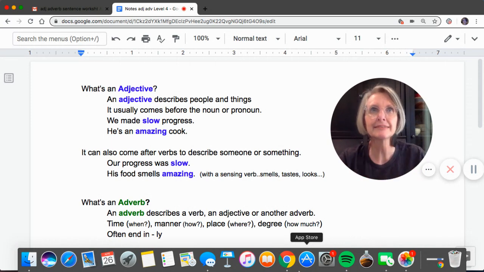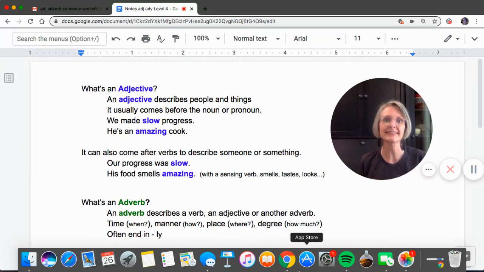So remember, senses are like your sense of smell, your ability to see things, your ability to taste things. So you could have said, wow, that tastes great. So great would be an adjective there. Or that tastes delicious. Wow, that looks wonderful. So those are the verbs that are like your sensing verbs. So a lot of times you might put an adjective after those.